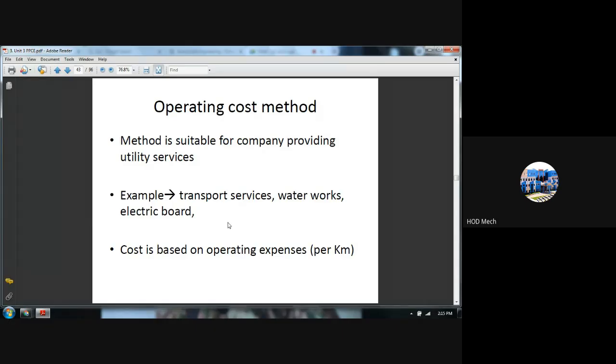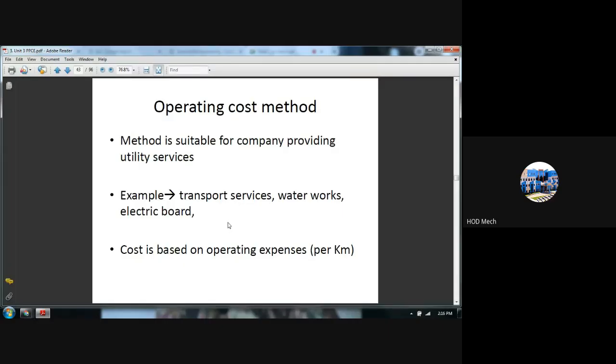So this is the work of the packers and movers. For doing this, they charge some amount for these services. This is called operating cost. To do a particular task, they will be charging you a cost. So that is called operating cost.